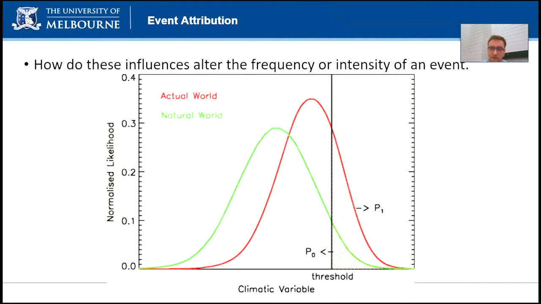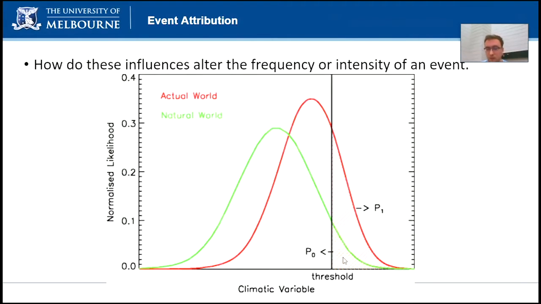So this is from the same paper by Peter Stott I was showing you before. The world of today is the red distribution here, and a counterfactual world without anthropogenic forcings is the green distribution. So for a particular climate variable, we construct these PDFs, and we look at the change in likelihood of a particular extreme event exceeding a certain threshold.